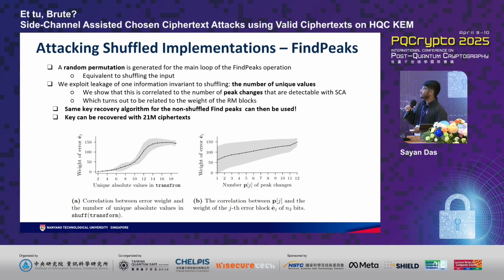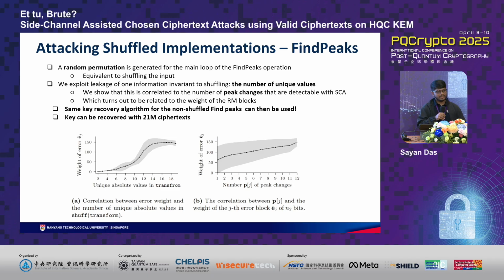Now for a shuffled implementation of find peaks, it's almost the same thing. A random permutation is generated for the main loop, and we exploit leakage of one piece of information invariant to shuffling: the number of unique values. We show that this is correlated to the number of peak changes that are detectable with side channel attacks, which turns out to be related to the weight of the RM blocks.